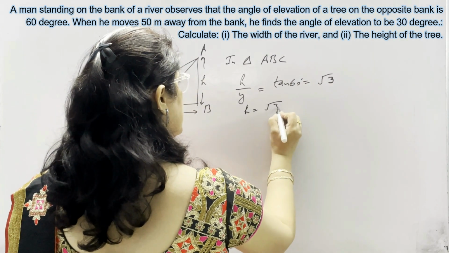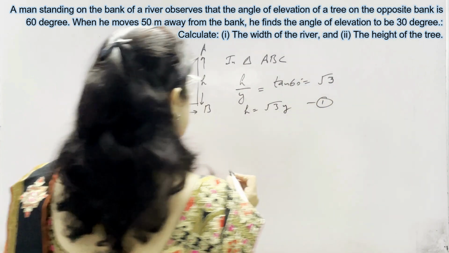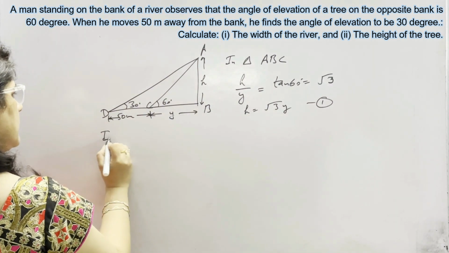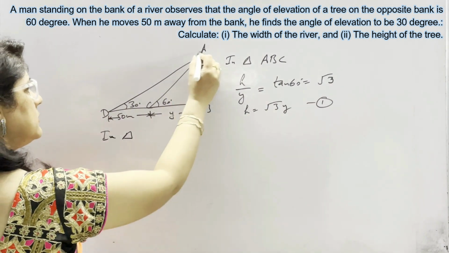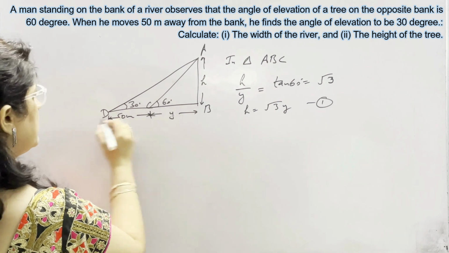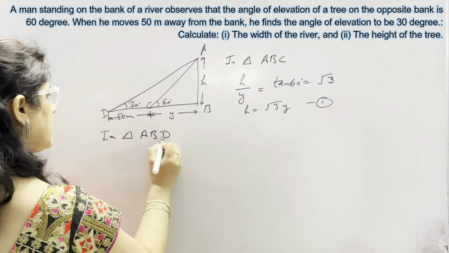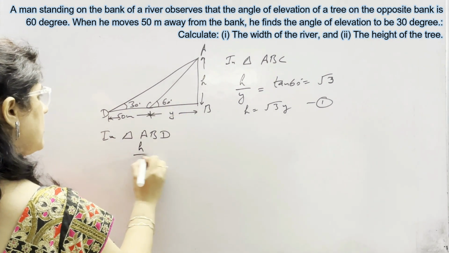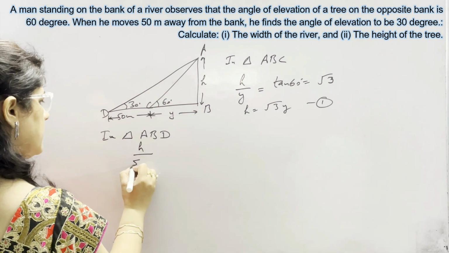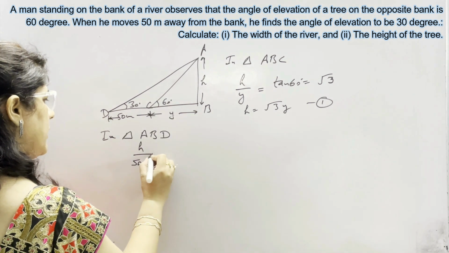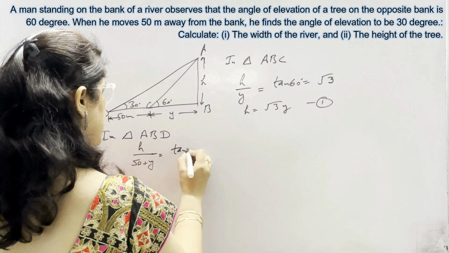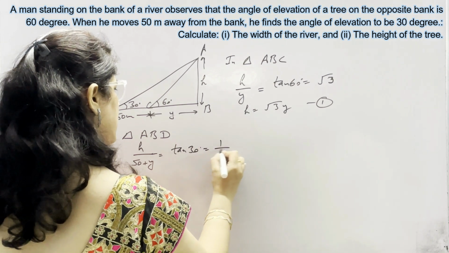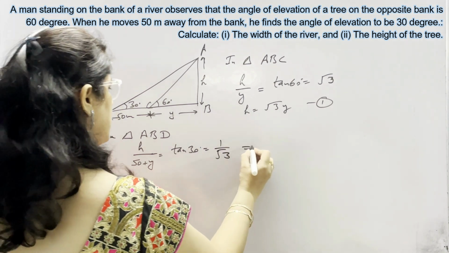So h is equal to under root 3 y, this is our first equation. In the second triangle ABD, h upon 50 plus y is equal to tan 30. Value is 1 upon under root 3.